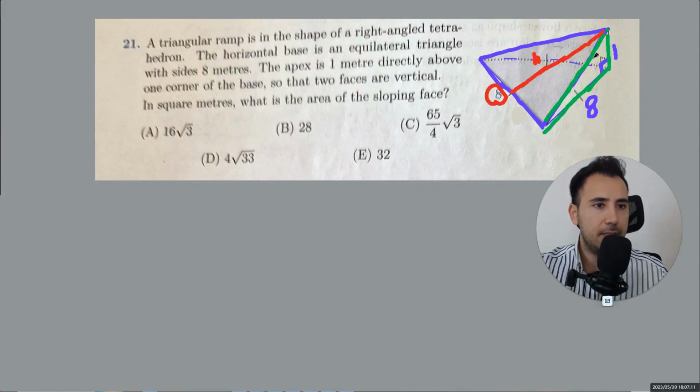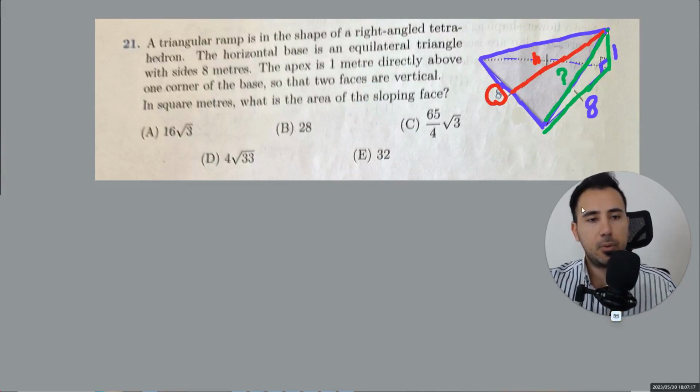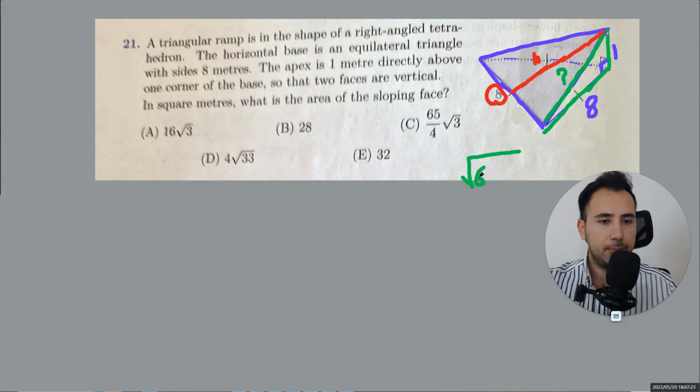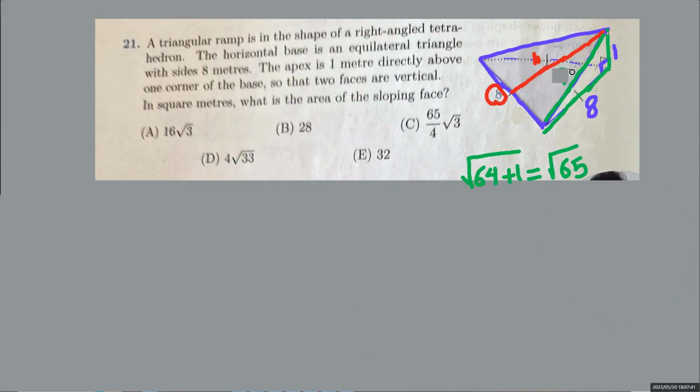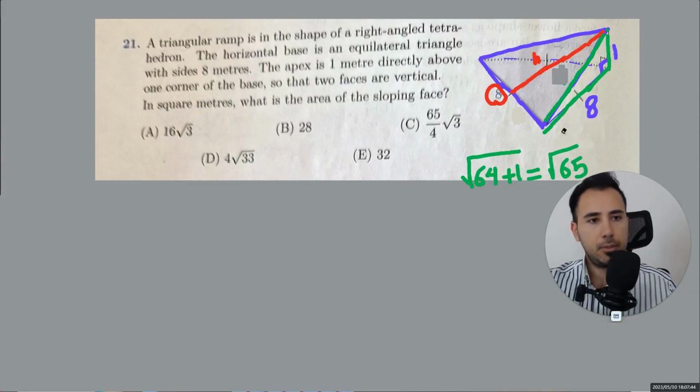So let's find this one. The hypotenuse over here, we're trying to find it. Let's go. It's going to be square root of 64, which is 8 squared, plus 1 squared. So square root of 65 it is. Okay, so let me do some cleaning here. Let me clean all of this. So we have this line, remember, this is the square root of 65.